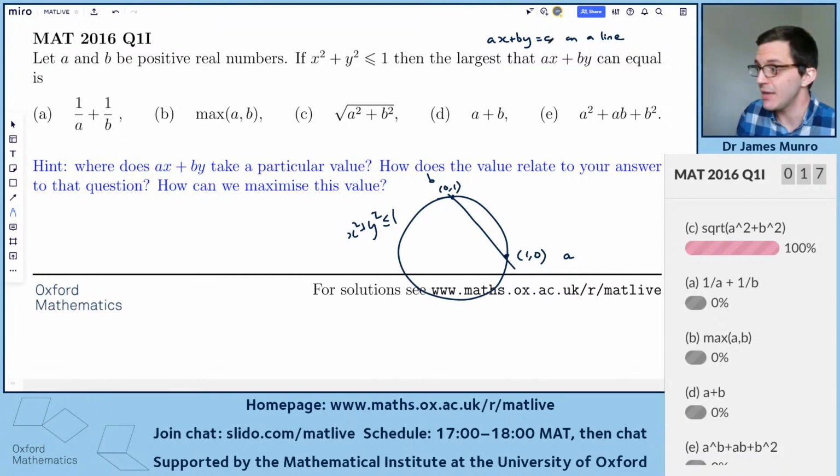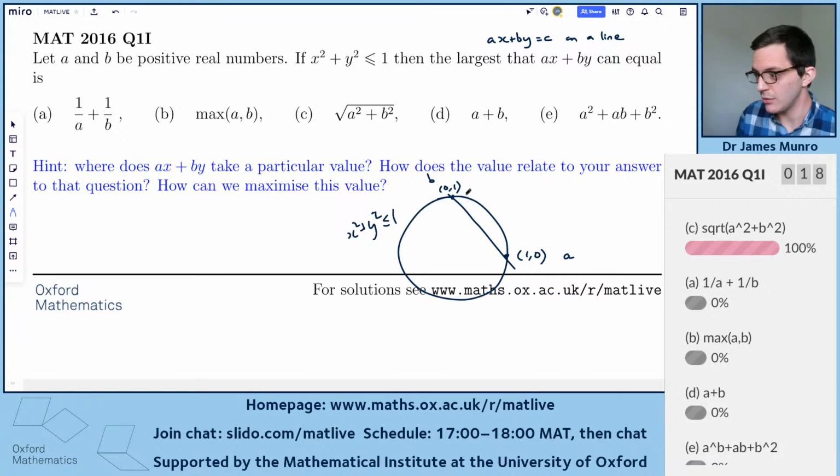But we can make that constant a bit bigger. Yeah, at 45 degrees, we can make this a little bit bigger. So this line takes a bigger value. Sorry, ax plus by has a bigger value when the constant c is bigger. What does that actually look like in terms of the line?